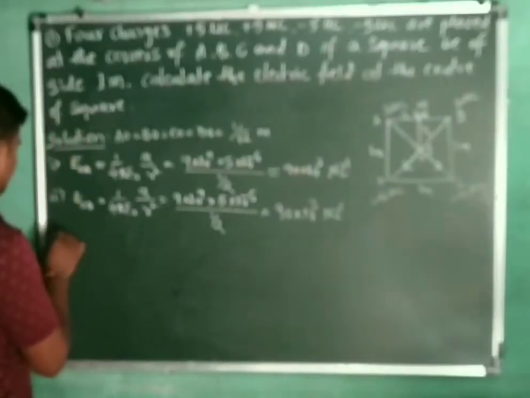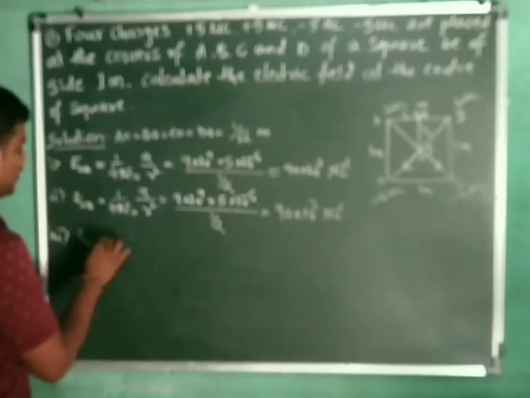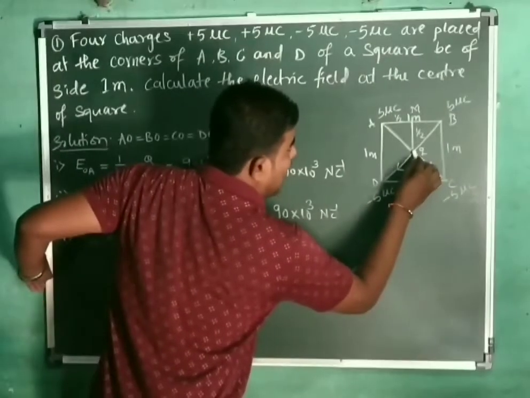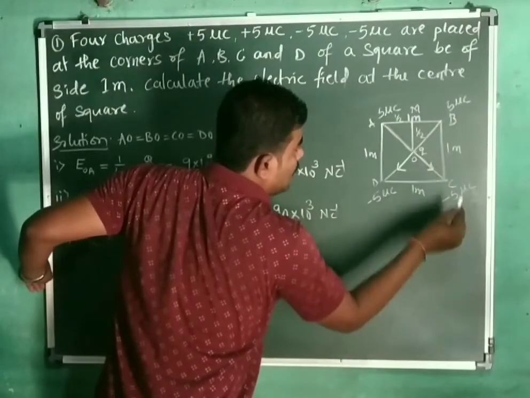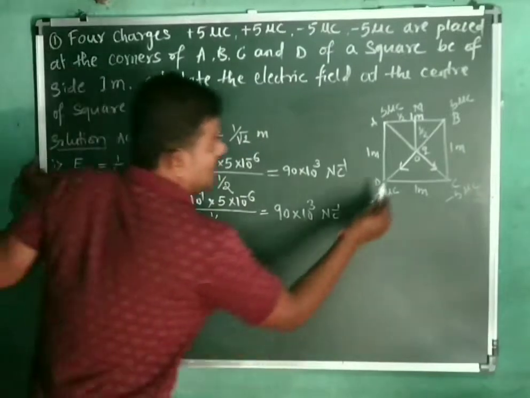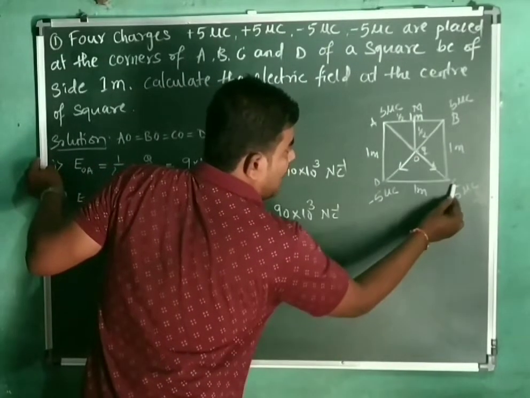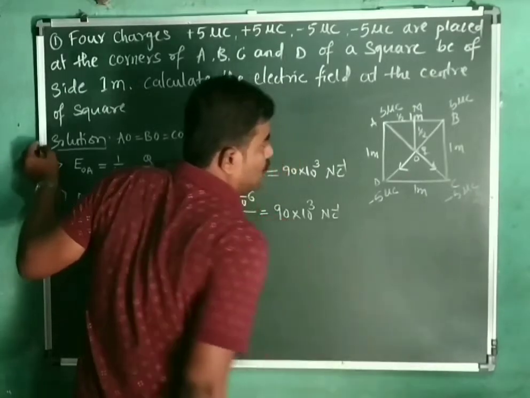Similarly, electric field at O due to C charge. It means electric field at this point O due to this minus 5 microcoulomb charge. Remember, this test charge is positive, and at C location minus 5 microcoulomb is there.